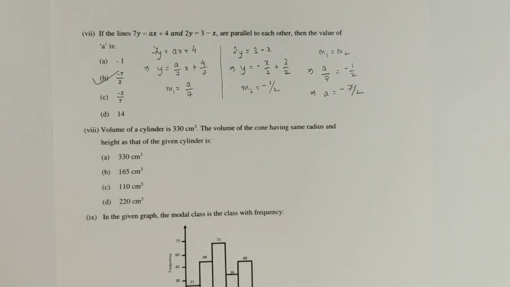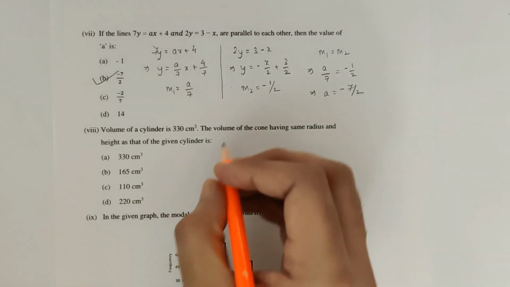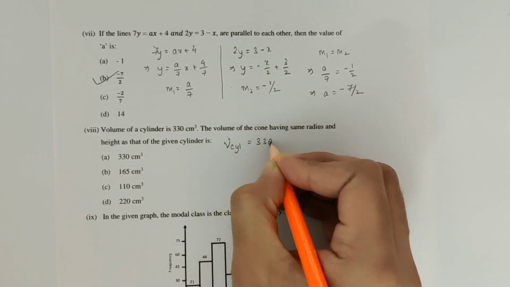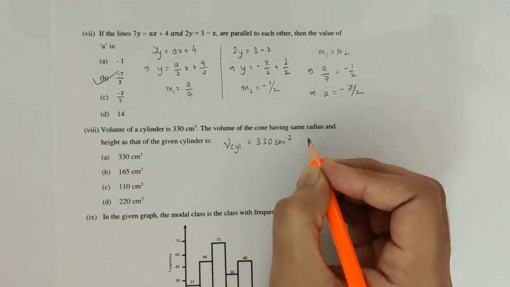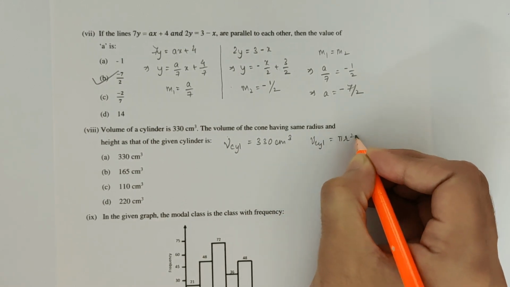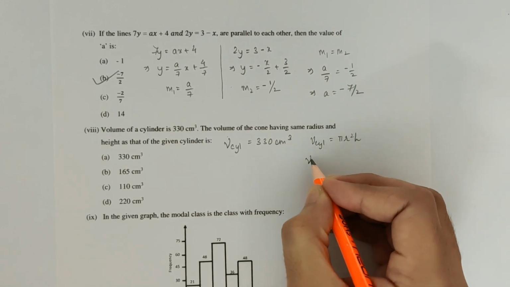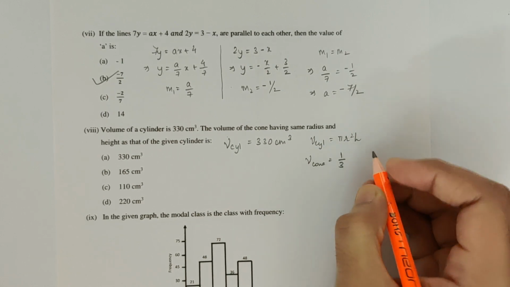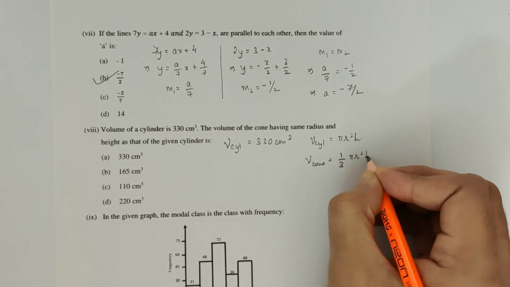Part 8. Volume of a cylinder is 330 centimeter cube. The volume of the cone having same radius and the height as that of the cylinder is. So we have volume of the cylinder is equal to 330 centimeter cube. And the formula of volume of cylinder is pi r square h. In the same way, the volume of cone is equal to 1 by 3 pi r square h.